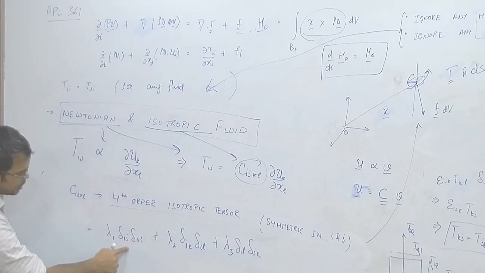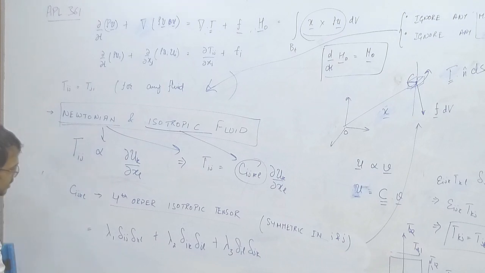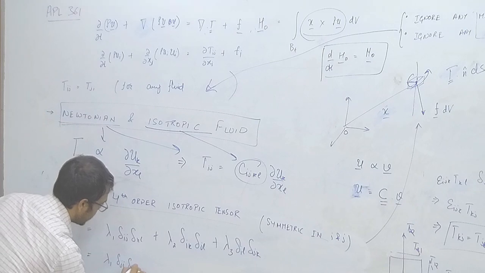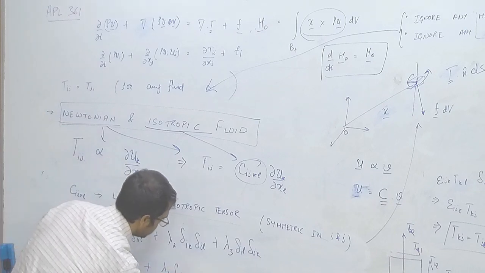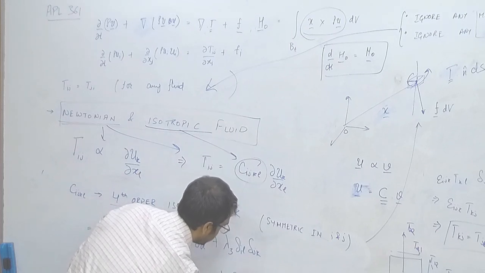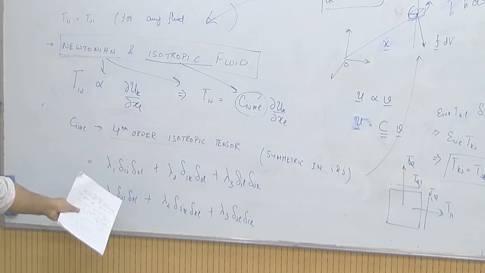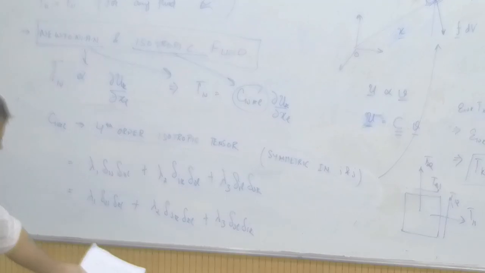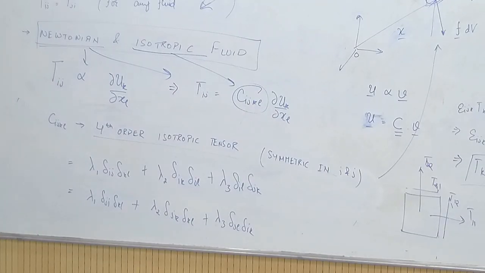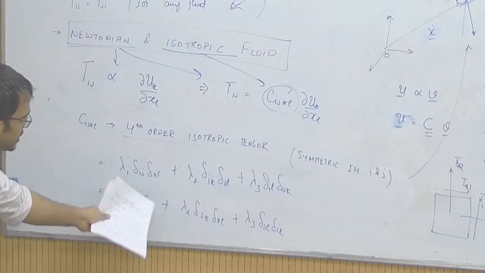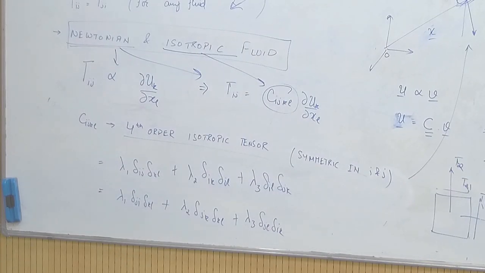So for this expression to be symmetric in i and j, this has to be equal to lambda 1 delta ji delta kl plus lambda 2 delta jk delta il plus lambda 3 delta jl delta ik. What do you see? What should happen for these two to be equal? Right. So lambda 2 and lambda 3 should be equal. Only then these two expressions are equal. Okay.